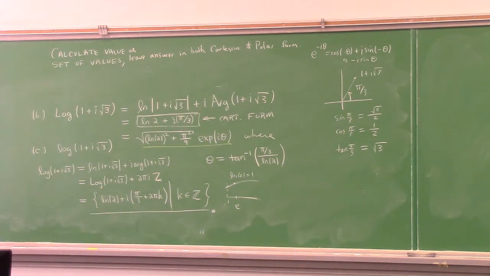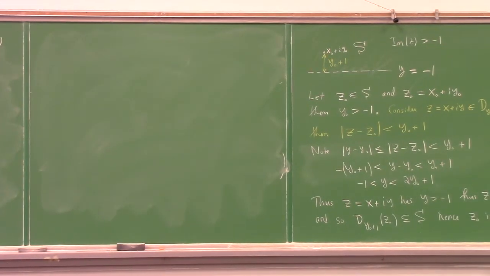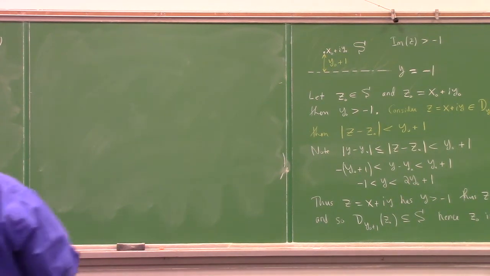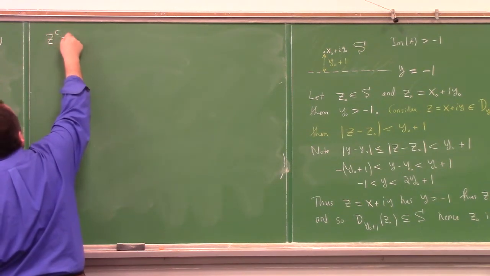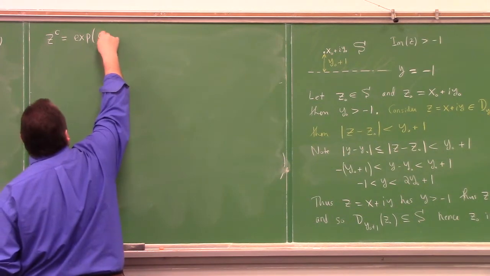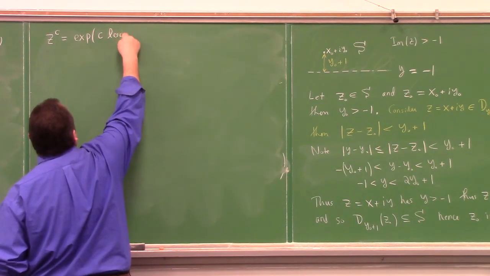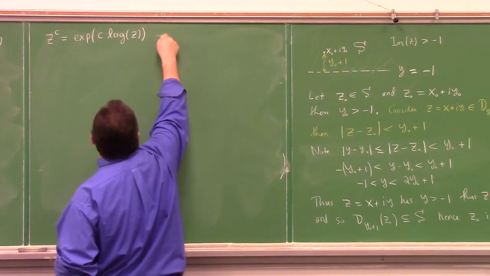I should mention, we talked about complex powers, right? And when we talk about complex powers, like z to the power c, what was z to the c defined to be? Yeah, our definition for z to the complex power was the exponential of c times little log of z, right? So this is, of course, a set of values.